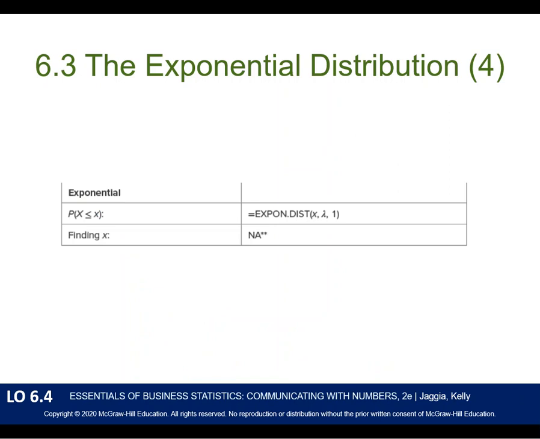Now in Excel, we can calculate the probability that a variable is less than something, or even the probability that a variable is greater than something by saying 1 minus. However, Excel doesn't have a way for us to find the variable of something of the exponential distribution.